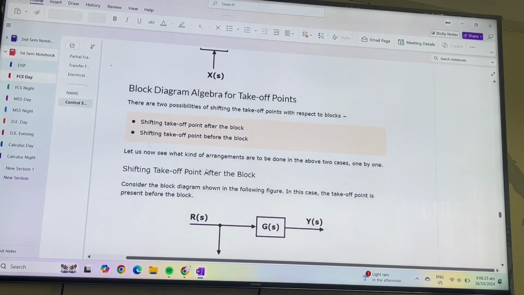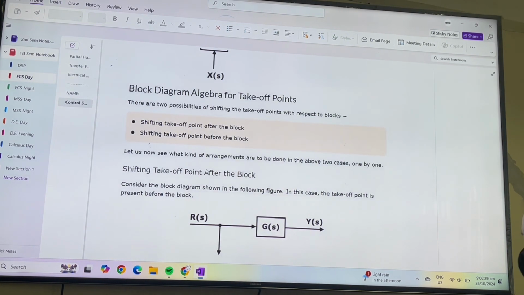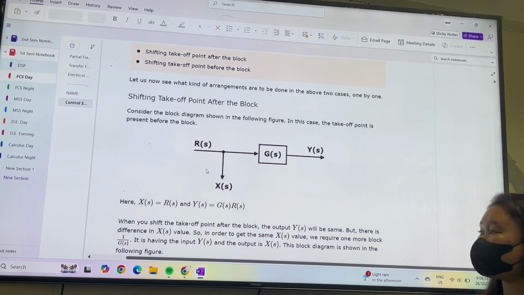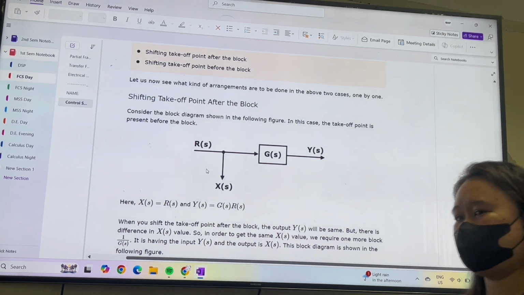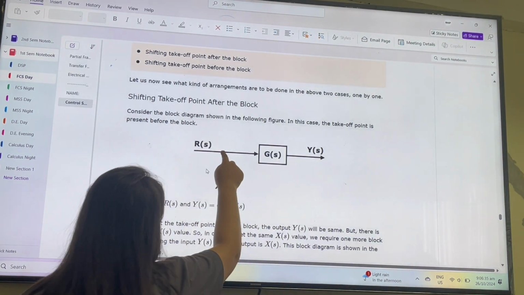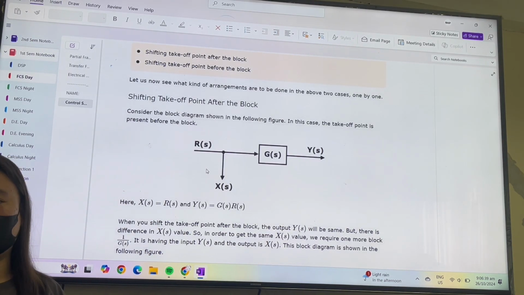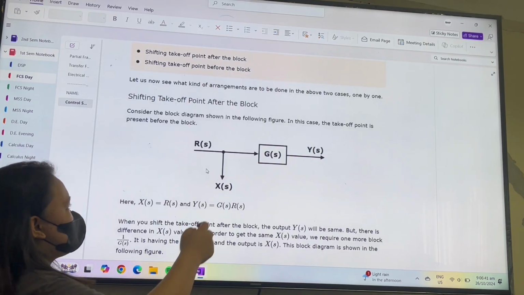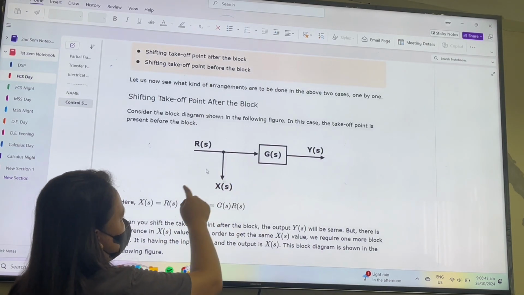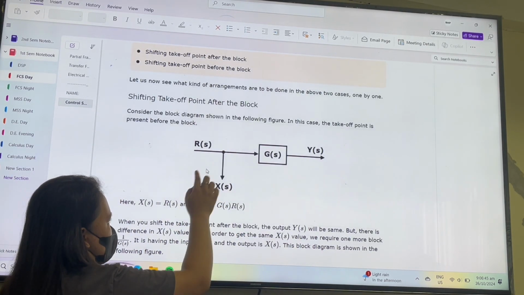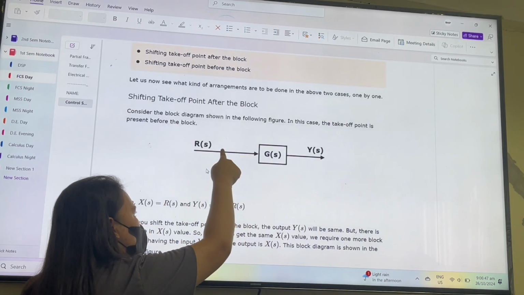Now we move to take-off points. For take-off points, we have after. For after, we have XS. Okay? It is not an input plus at a summing point; it is just another branch. It introduces another branch or another path. So RS, not XS. Since RS here is an input, that is its take-off point.